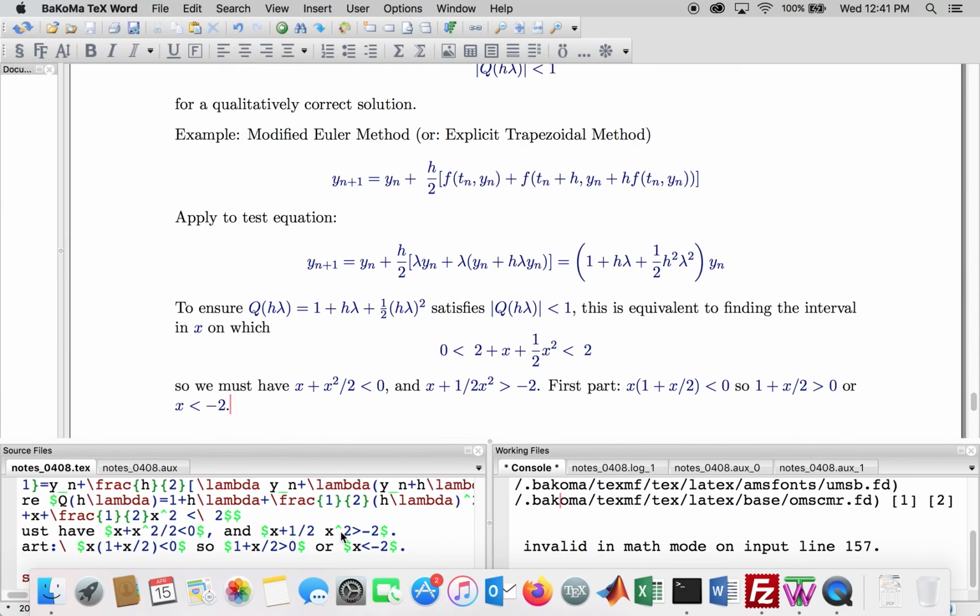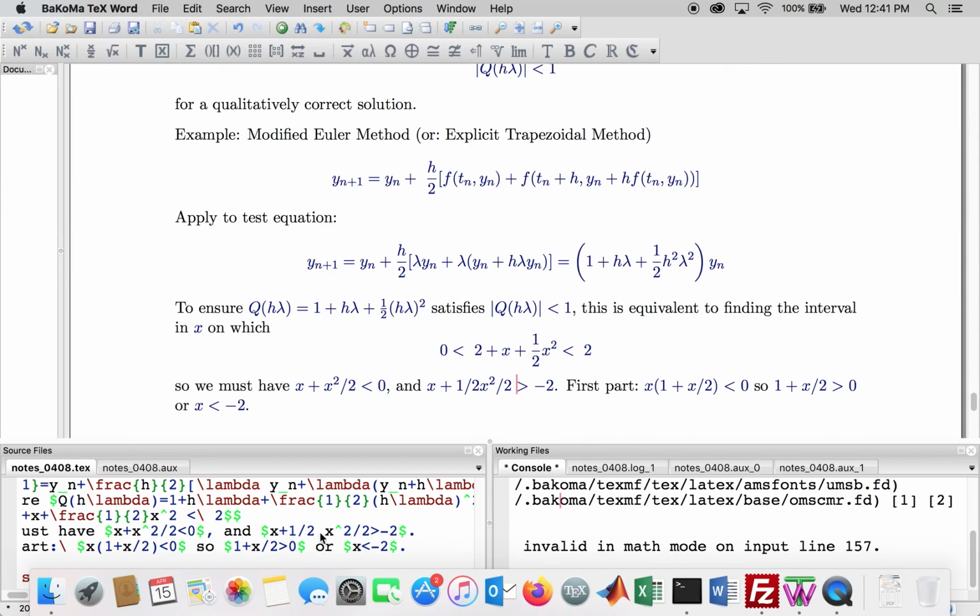1 plus x squared over 2. Okay. Now, what happens here is suppose x is between 0 and minus 2. Then x squared will be between 0 and 4.